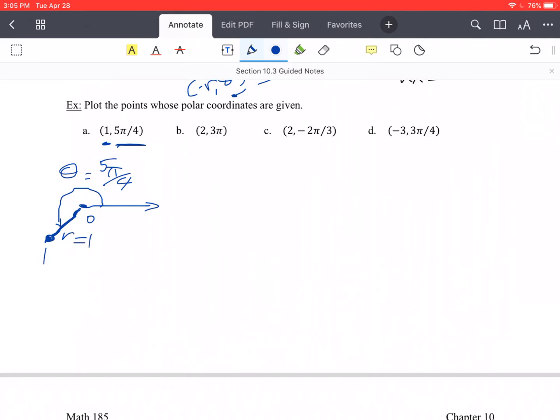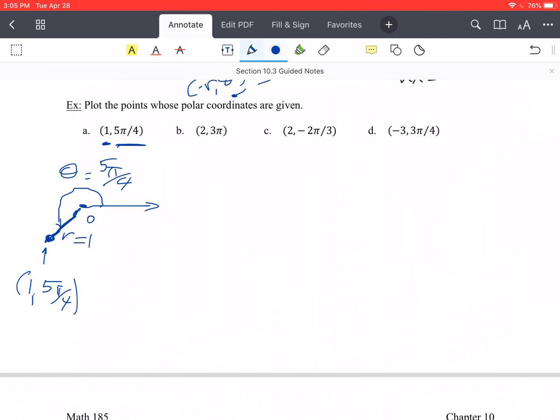So this point right here, that's the point 1 comma 5 pi over 4. There we go.